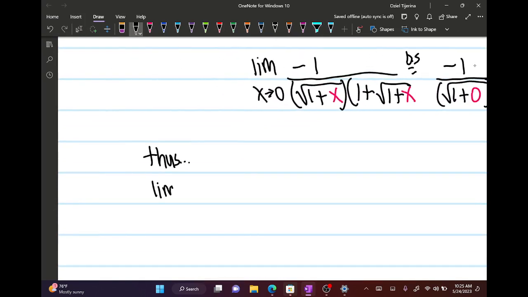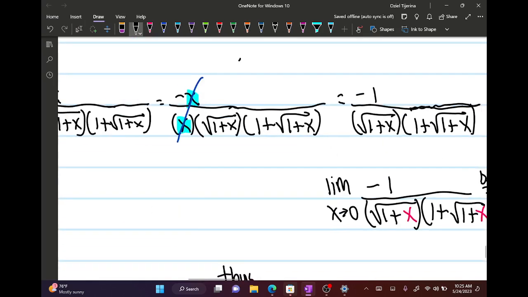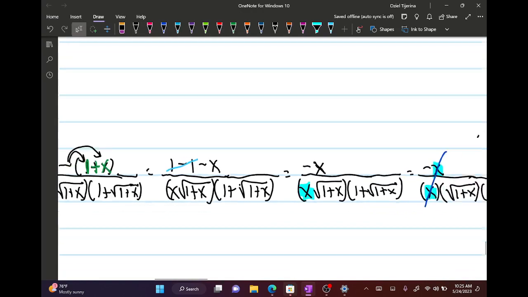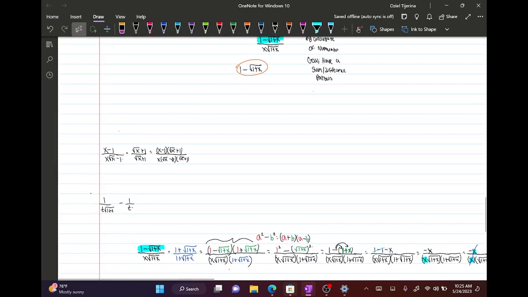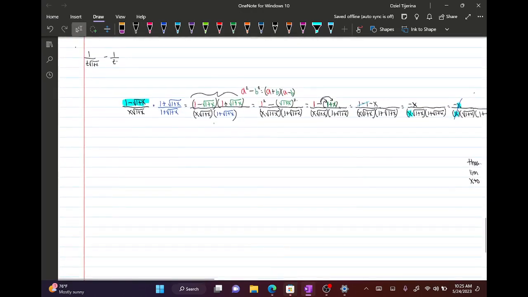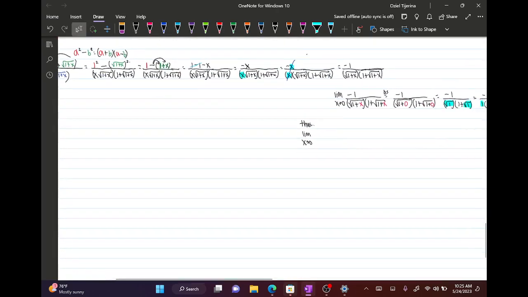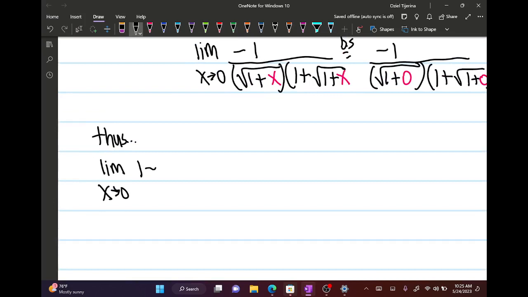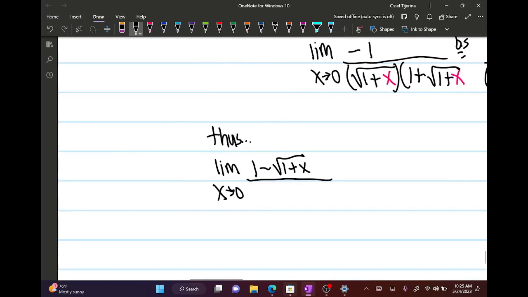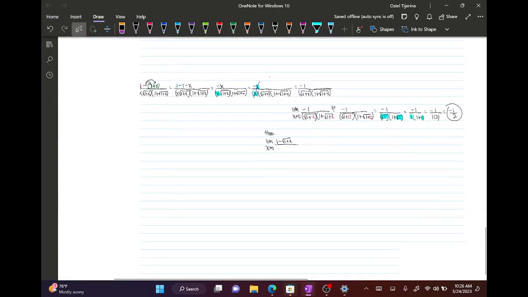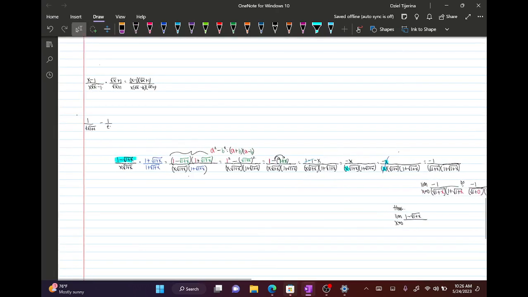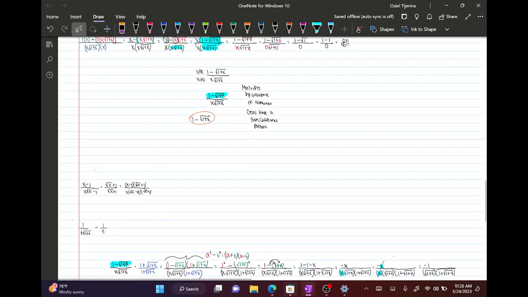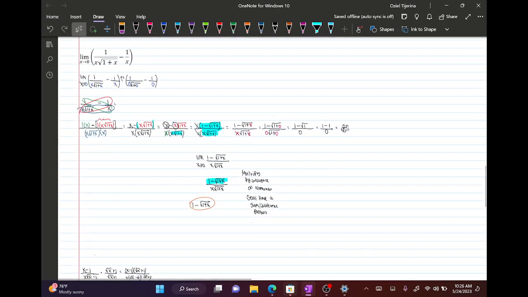the limit as x approaches 0 of the quantity in the very beginning that I had, I'm just going to write this down, 1 minus the square root of 1 plus x all over, or no, wait, I'm sorry.